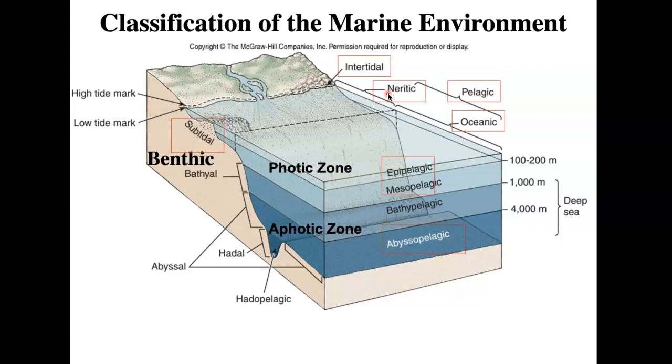There's a couple different ways that we can look at the oceans. We can look at what happens in areas where light is allowed to enter through. We call that the photic zone. And then there are areas where there is no light, and those are areas that we call the aphotic zone. A means without, photic means light, so that literally means without light.